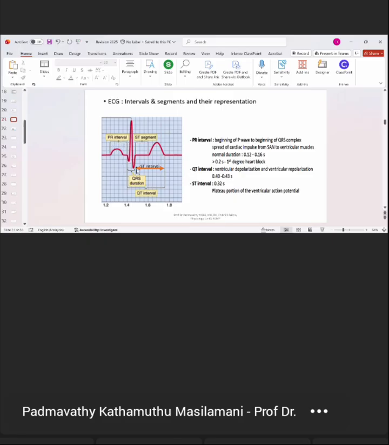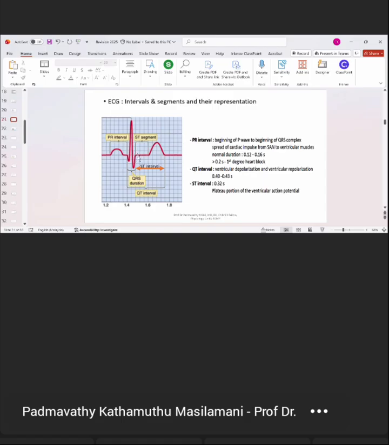Another one is the ST segment and ST interval. The ST segment is only from the end of S to the beginning of T. What is the significance of ST segment? The ST segment is at the isoelectric line. The TP segment is from the end of T to the beginning of the next P wave, and that is the isoelectric line.